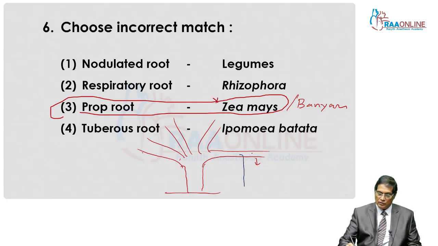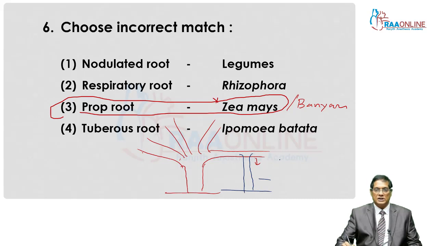They go downward. These are the roots, blue colored roots. And they become thick and pillar-like. These are called prop roots. Their role is to provide mechanical support. Modified adventitious root.